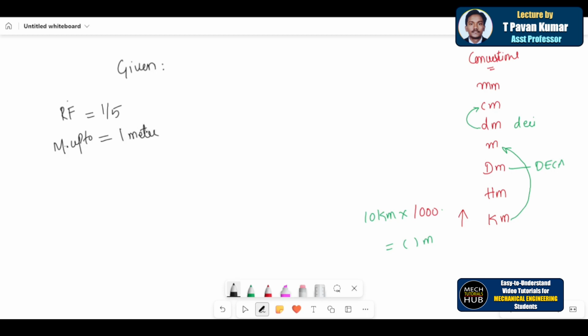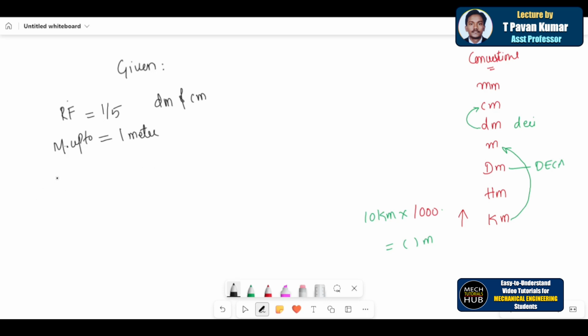These are the things I'm considering for my case. Construct a scale of RF equal to 1 by 5 and measure up to a distance of 1 meter, and read decimeter and centimeter on that particular scale. This is my question.